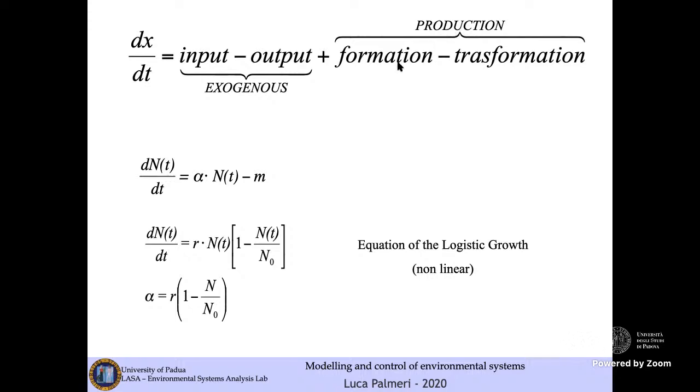and this term may be subdivided into two subterms: formation of a product minus transformation of a given product into something else. So you see, you have the two categories, exogenous and endogenous, or production.